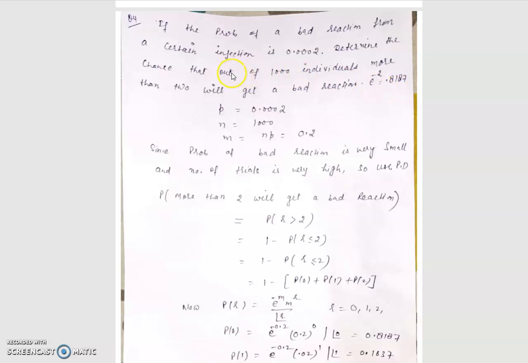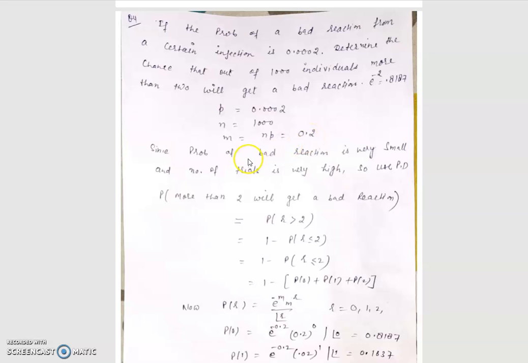The probability of a bad reaction is p, which is 0.0002, and n is 1000 individuals. Then you can easily find m. M is n into p, which is 0.2.